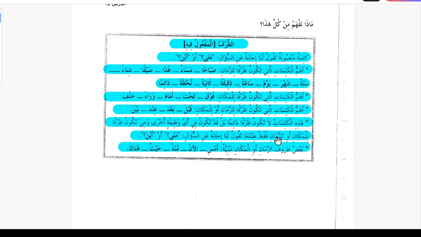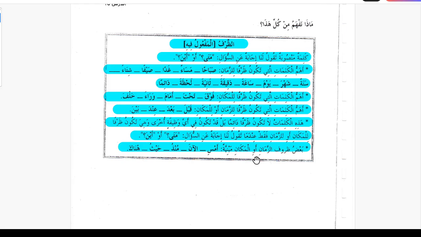They are adverbs of place and time only when they give you the answer to the question mata or ayna. If it's mata, when, then it's the adverb of time, and if it tells you about the where, the place, then it is the adverb of place.